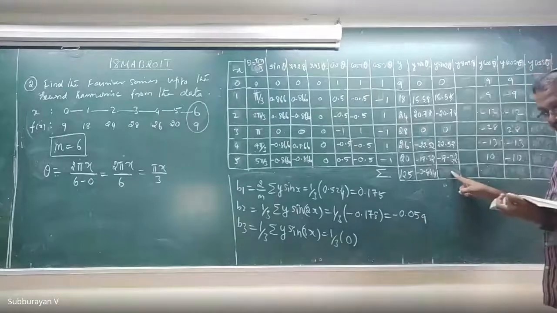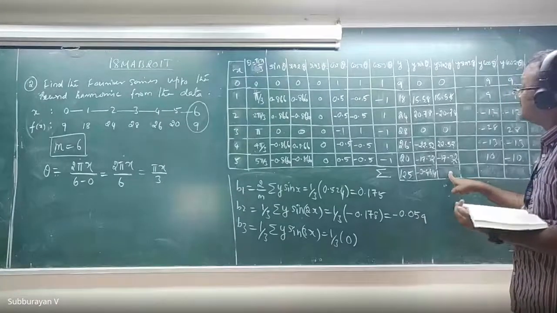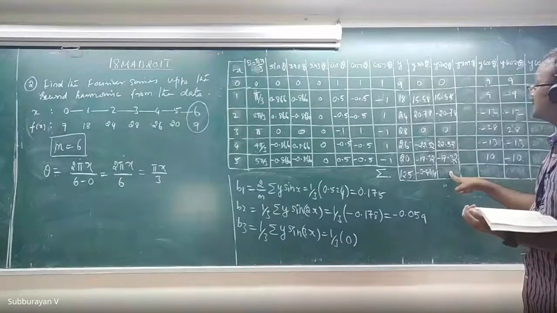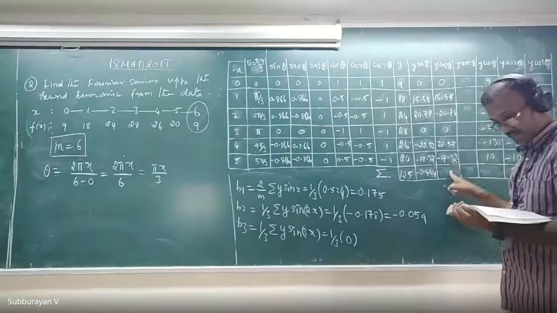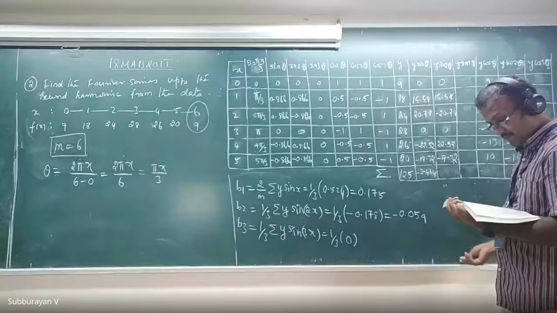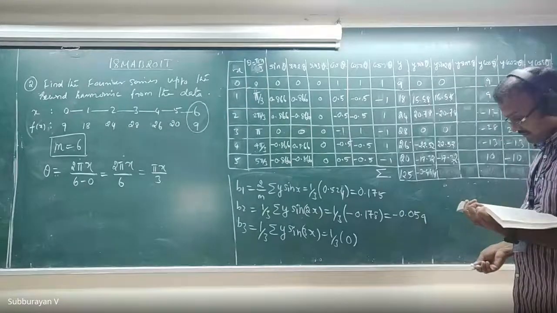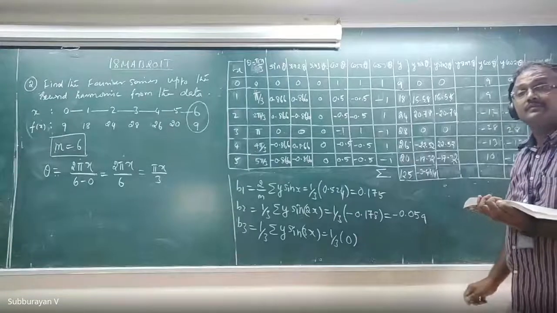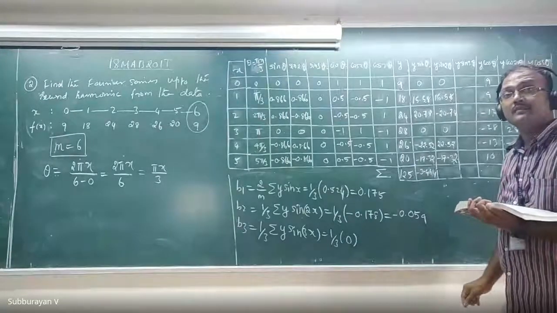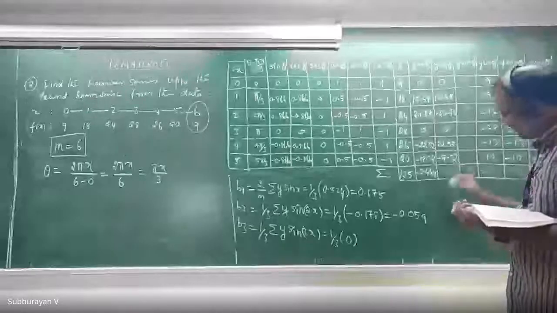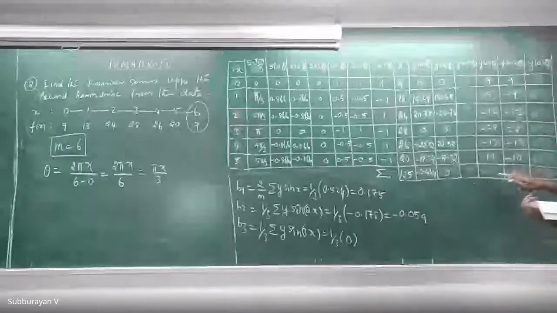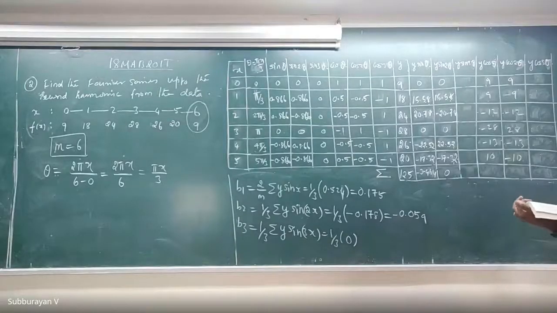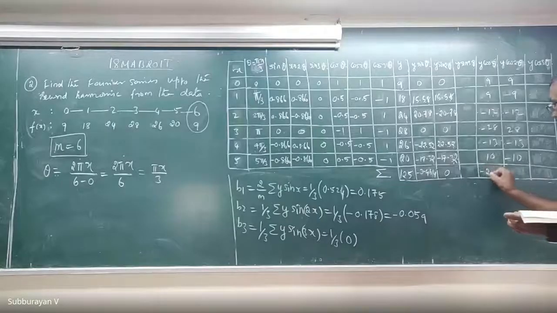And y sine 2 theta is 0. And y cos theta is minus 25.